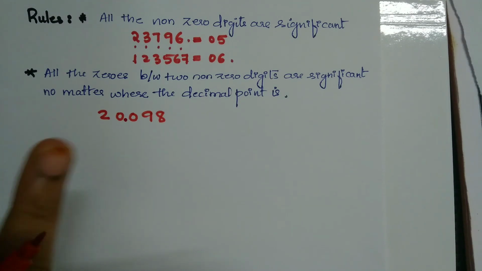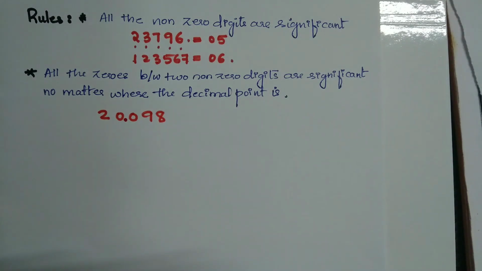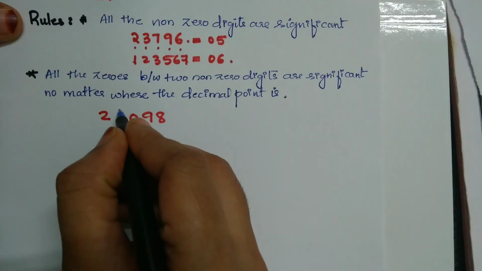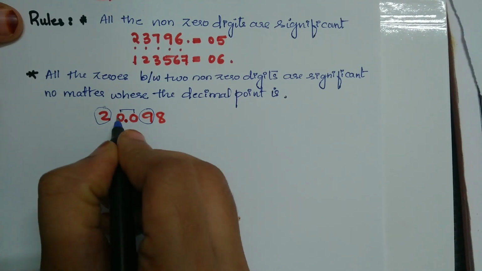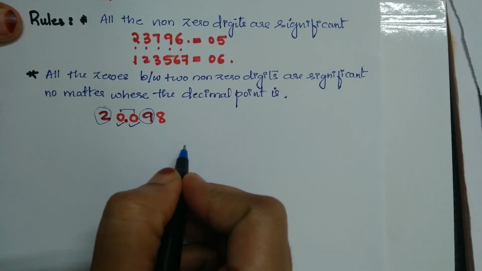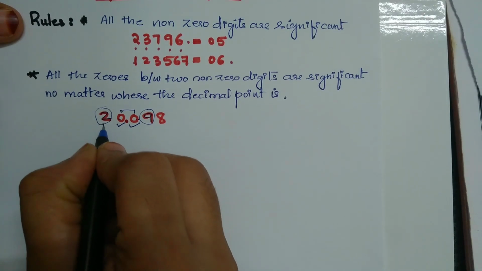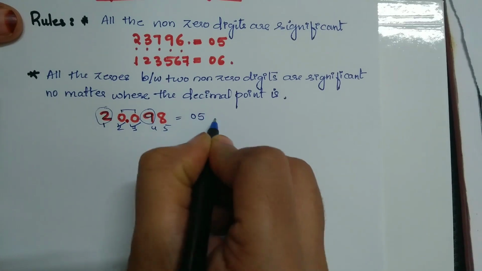All the zeros between two non-zero digits are significant. So therefore here these zeros lie between two non-zero. These are non-zeros, right? So these two zeros between non-zero digits are considered to be significant. So therefore can you count 1 2 3 4 5?